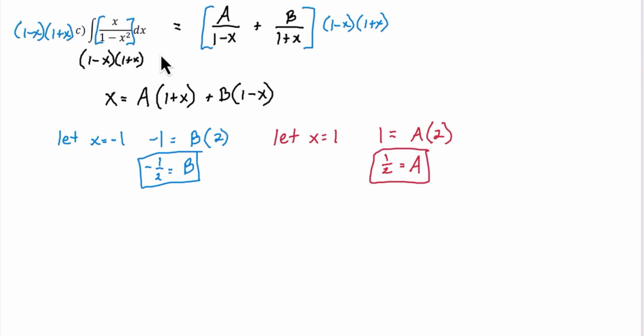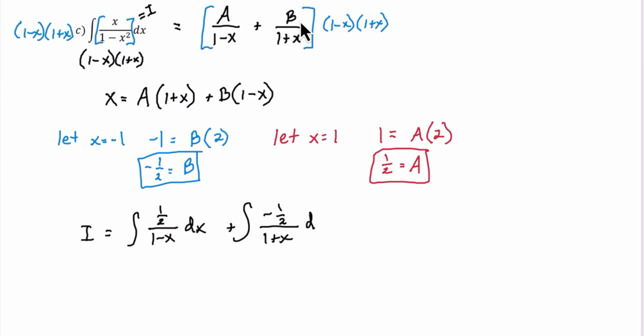Now we can rewrite the original integral. I'm going to call that original integral I. I is equal to the integral of a, which we found to be 1/2, divided by 1 minus x dx, plus the integral of b, which we found to be negative 1/2, divided by 1 plus x dx.